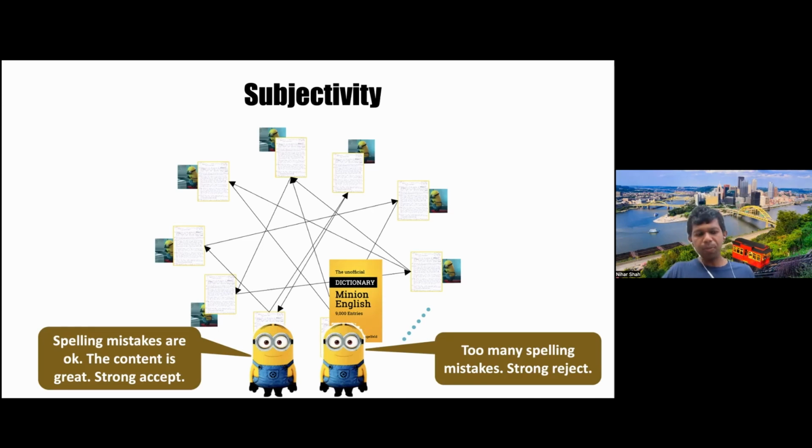Just as an example, there might be two reviewers, both of whom agree that the paper has a lot of typos, but the content is great. One of them might say, hey, typos are okay, it doesn't matter much, let's give it a strong accept. The other one will say, hey, no, this has too many spelling mistakes. That's not acceptable. This is a strong reject.